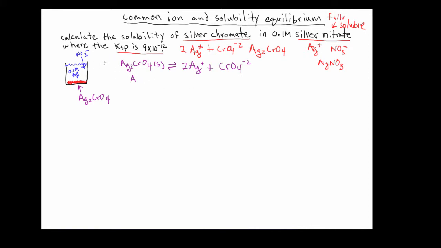Coming back to the ICE table, we can set up what our situation looks like before equilibrium. Before equilibrium, we've got the solid sitting in the bottom of the beaker. The chromate is 0, because we put the solid in here and then layer the solution in over the top of it. However, with the silver, there's already a 0.1 molar solution of the silver ion present before we reach equilibrium.